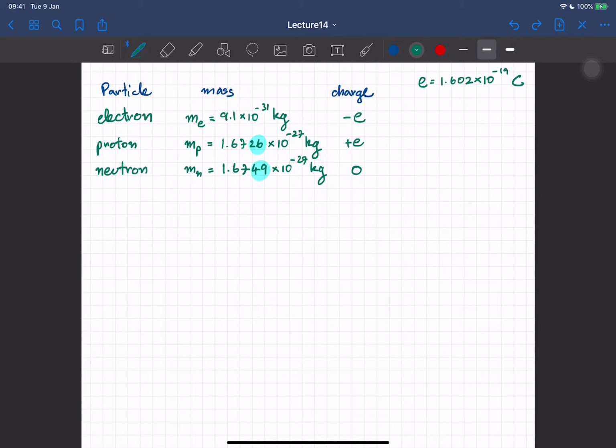And these three fundamental particles join together to give you all kinds of elements that you can think of. Right? So if you studied chemistry before, you know different chemical elements will have different chemical properties and can form different chemical reactions.